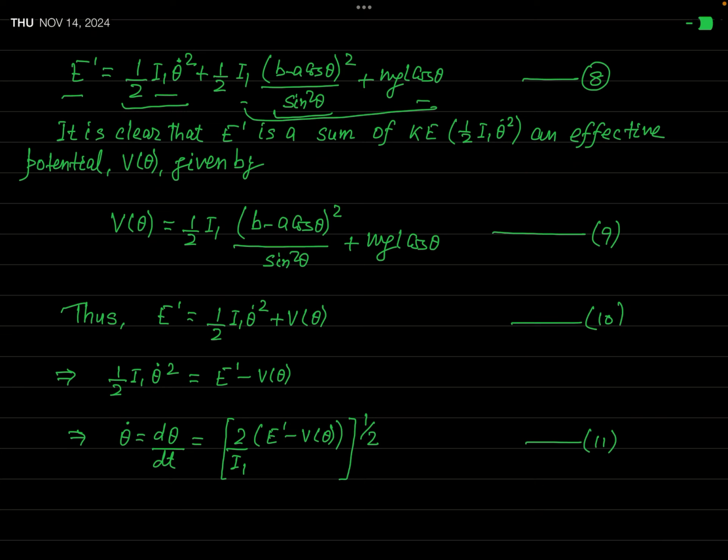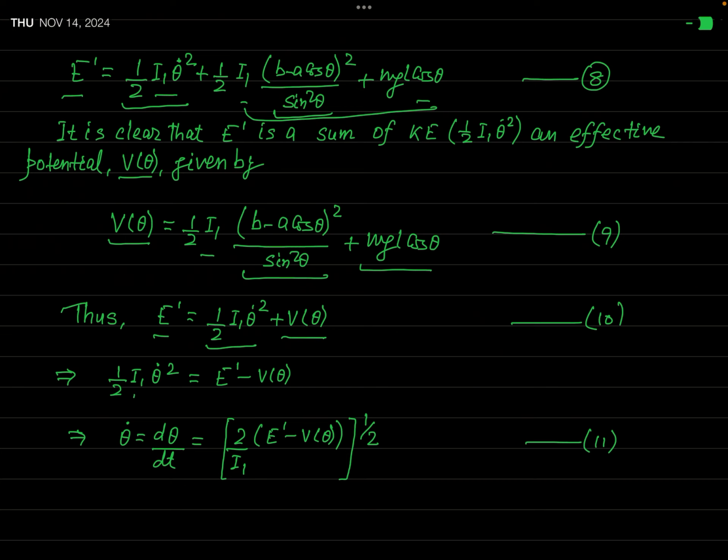If you denote this effective potential by the symbol V, which will be a function of theta, then V of theta is given by 1 over 2 I1 times B minus A cos theta whole square over sin square theta plus MGL cos theta. And therefore, if you write V of theta instead of the sum of the last two terms in equation 8, then E dashed can be written as 1 over 2 I1 theta dot square plus V of theta.